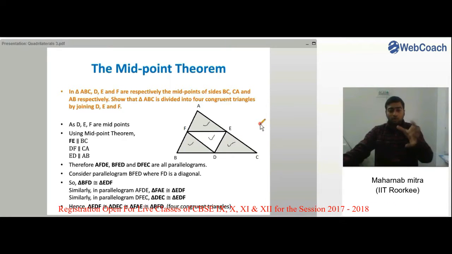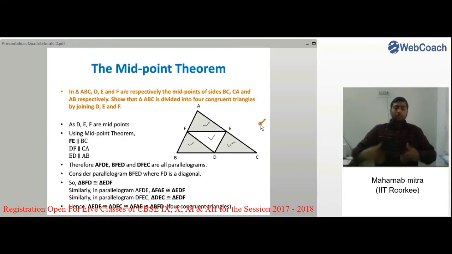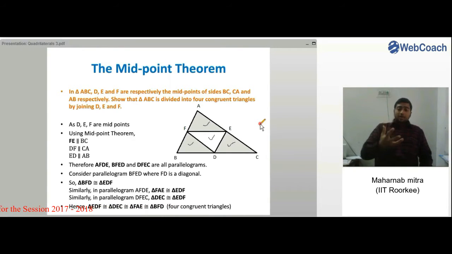And finally, we have proved that after joining the midpoints of the corresponding sides, and the entire triangle is divided into four equal parts, the four triangles are actually congruent to each other. So this is how we have solved.